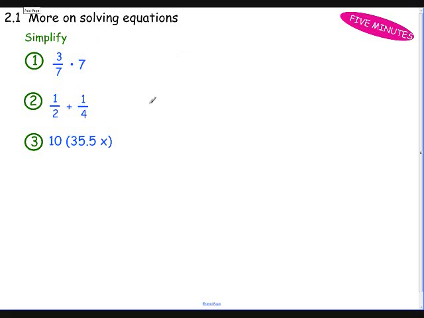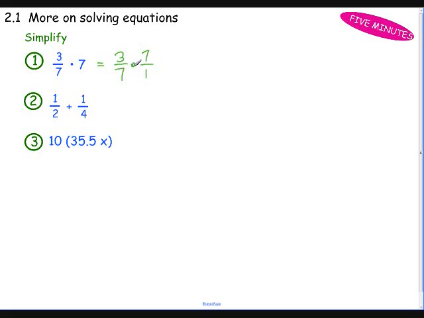Here's a little review of what we've already been working on. Probably pretty simple for you. We're going to multiply a fraction times an integer. Well, let's think of it as a fraction times a fraction, because any integer could be expressed this way, correct?